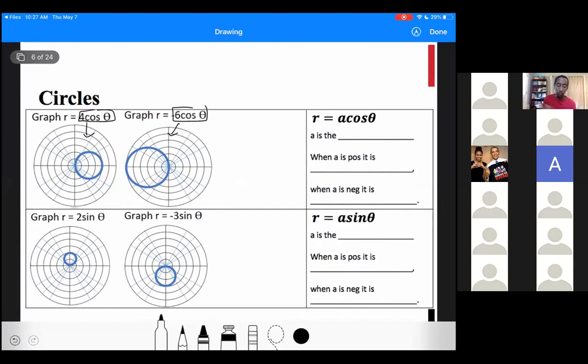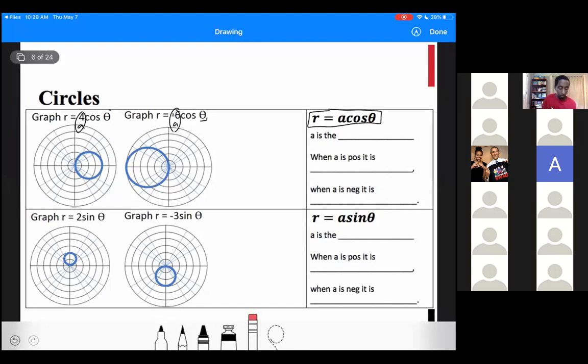So let's just stick with cosine first. Let's just look at those two. If we think about the a, okay, so the general form of this equation we're saying is r equals a times cosine of theta. So the a of the first one is 4. This is our a, right? The a of the second one is -6.